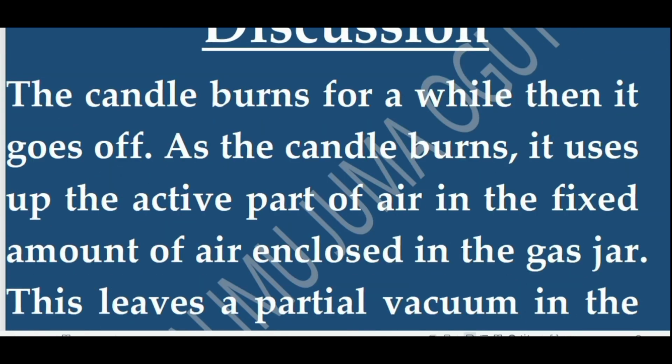Remember, after lighting the candle, we carefully covered it with the gas jar, enclosing a mixture of air, and the part of air that supports combustion was also inside. After it has been used, the candle will go off because we no longer have the part of air that supports combustion.